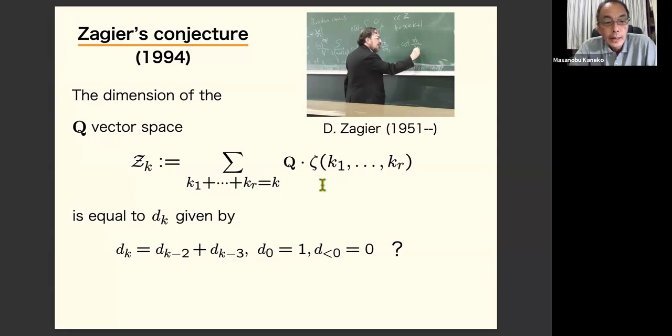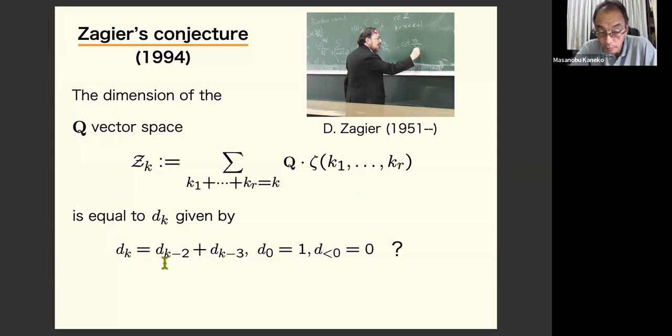He considered the Q-vector space, finite dimensional, because for a given k there are only finitely many indices k1 up to kr of weight k. He did lots of numerical computations using PARI/GP, and he conjectured that the dimension d_k of the weight k space Z_k, the space spanned by MZVs of weight k, is given by a Fibonacci-like sequence.